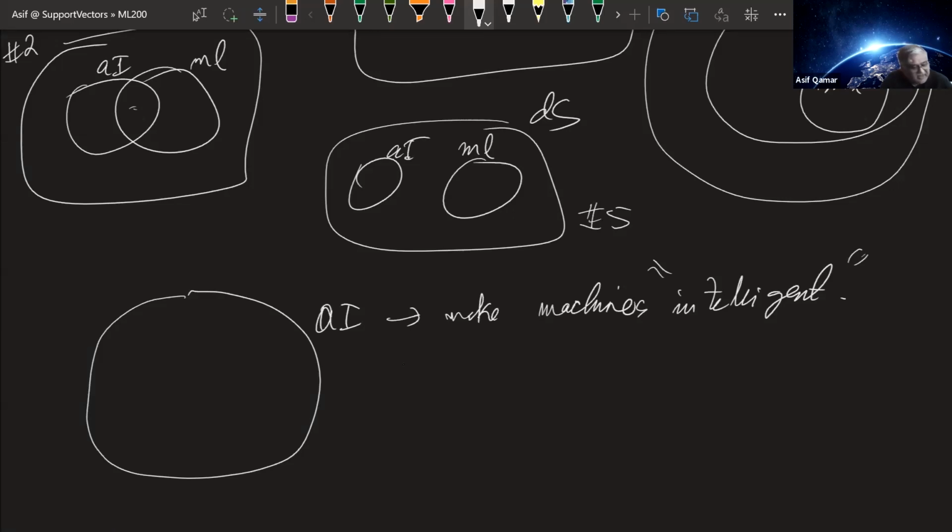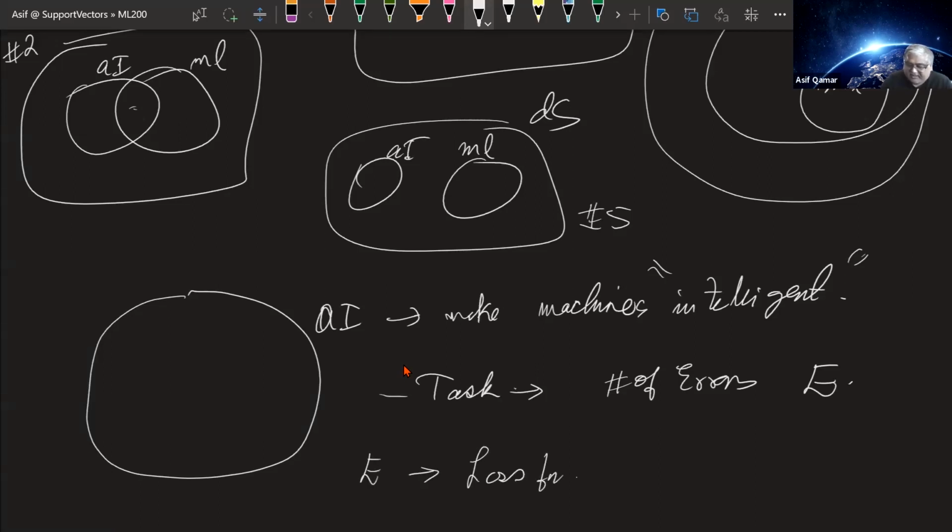Now, when we talk of intelligence, we talk of learning machines. Learning is quantifiable. Given a task, you ask the machine to do the task, and you look at the number of errors. You quantify the errors, and from the errors you create something called a loss function, the error function, which you folks have been with me on.